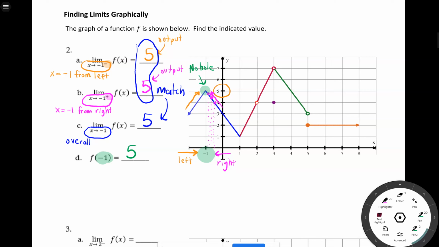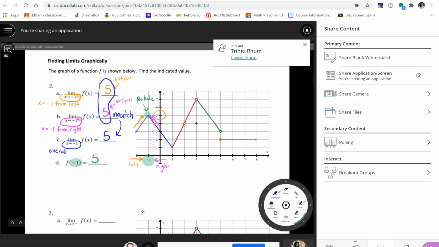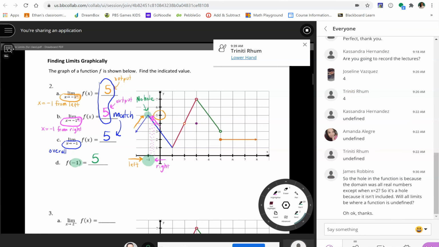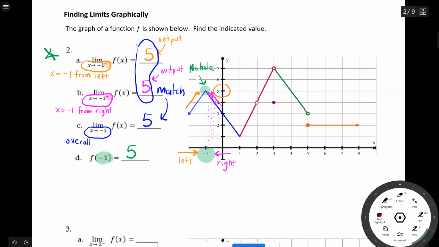Okay, so, oh, I hear a chime. Trinity, go ahead. So, for C, that represents the overall limit. Yeah, from the left and the right. So the only way you get an overall limit is if the output from the left and the output from the right match. If that's happening, then overall there's a limit to the function at that specific endpoint.